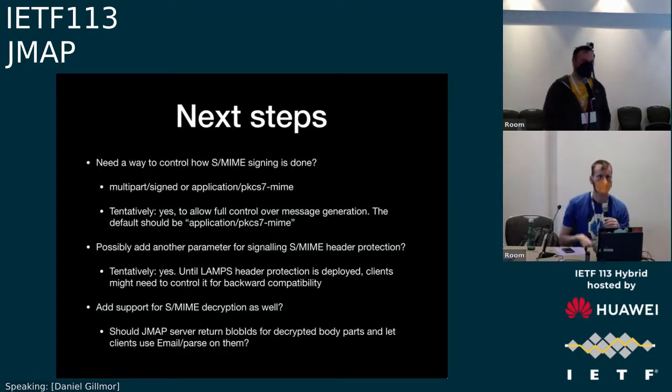The second question is about S/MIME signing. We're talking about delegating secret keys to the JMAP server? Yes. That definitely changes the idea of end-to-end at some level. Yes, and depending on how it's deployed, a slightly different trust model, right?